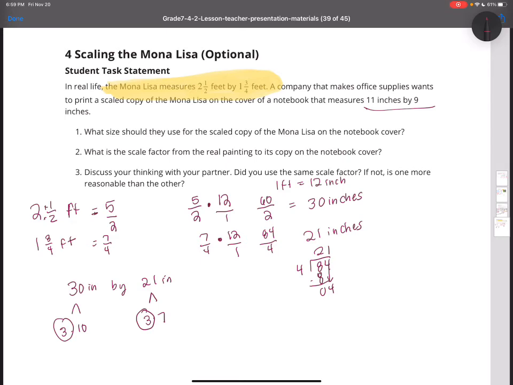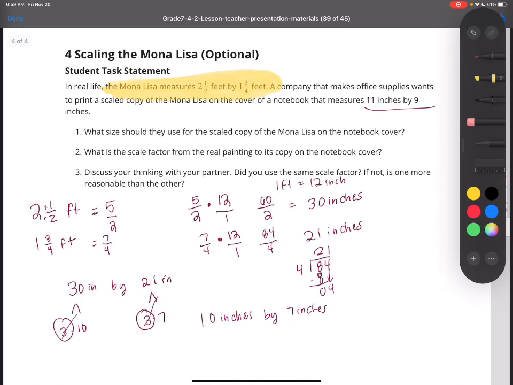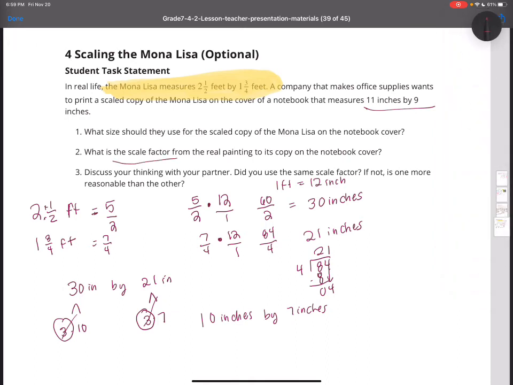So if we divide by 3, the size that we can use for the notebook cover would be 10 inches by 7 inches. Now, of course, I'm on the next question now. When we dealt with scale factor, did we say that the scale factor is divided by 3?